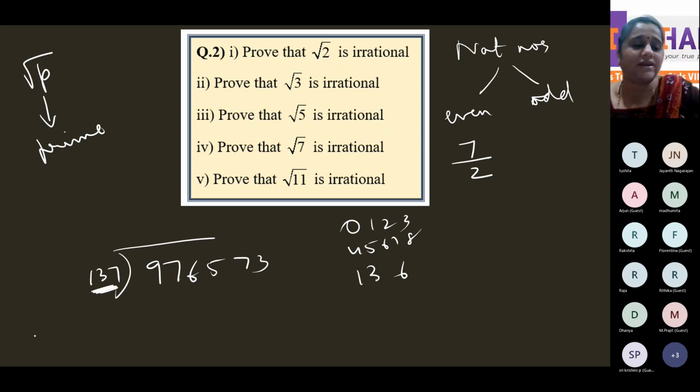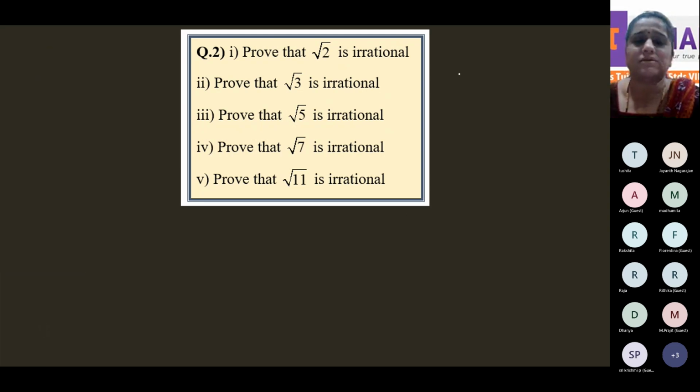Similarly, when you divide by 2, only two things can happen. Either the remainder is 0 or 1. You cannot get 2 as a remainder. So any number divided by 2 has remainder either 0 or 1. If the remainder is 0, it's even.